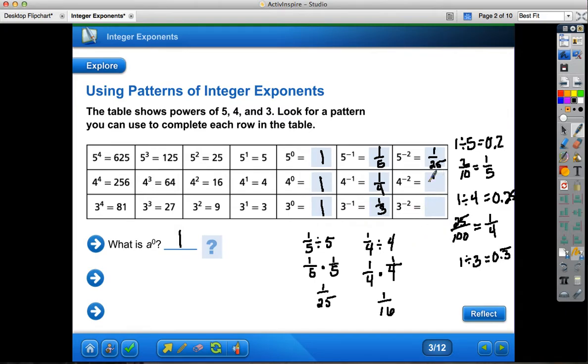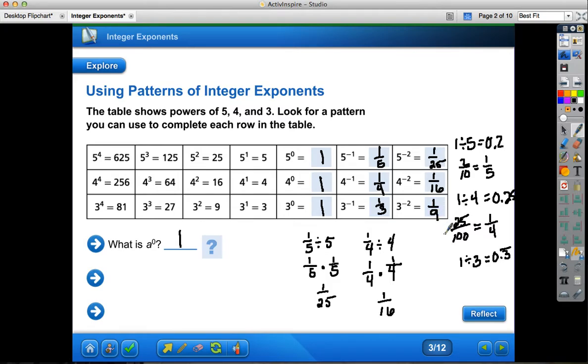And I wonder what I'm going to get for 3. Because if you look, 5 squared is 25. 5 to the negative 2 is 1/25. And 4 squared is 16. 4 to the negative 2 is 1/16. So would it be safe to make the conjecture that 3 to the negative 2 would be 1/9?